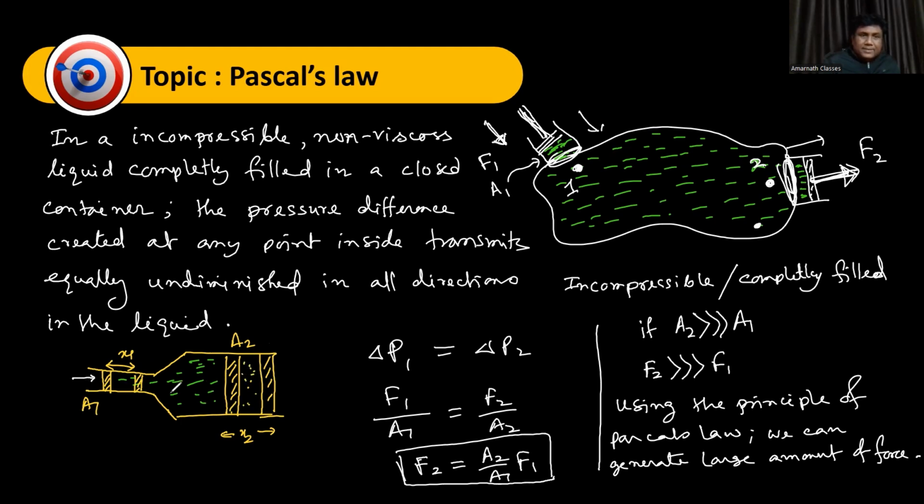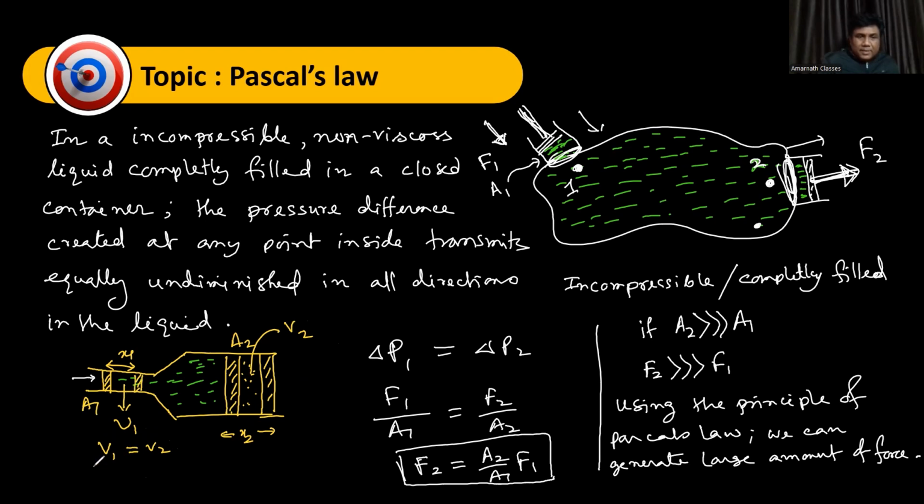As mass is conserved and the density is the same, the volume must also be the same. So if this volume is V1 and this volume is V2, volume 1 must equal volume 2.